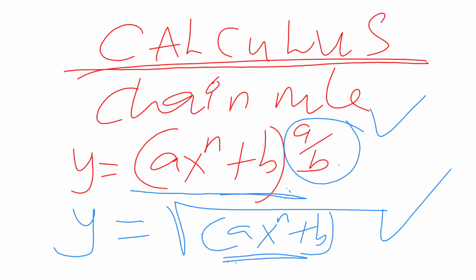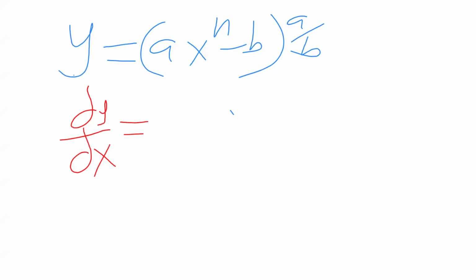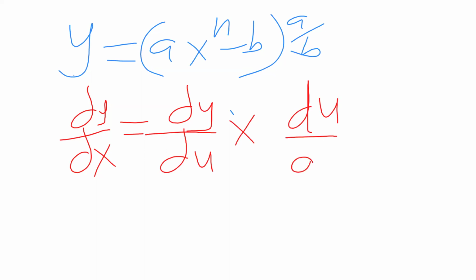Let's have an example and let me just state what it states. So the chain rule states that if you're given a function y, let's say ax^n minus b raised, let's say, to the power a over x, such a function, then the derivative of this function, dy over dx, shall be equal to dy over du times du over dx.